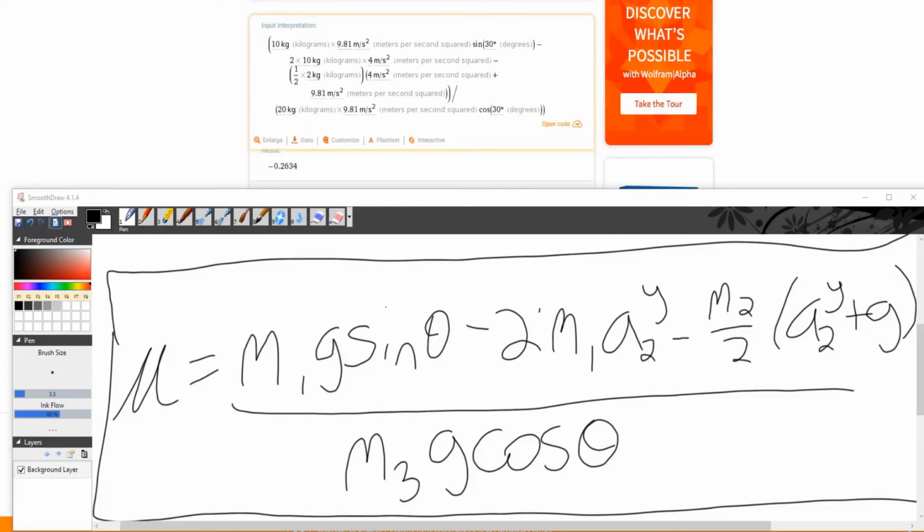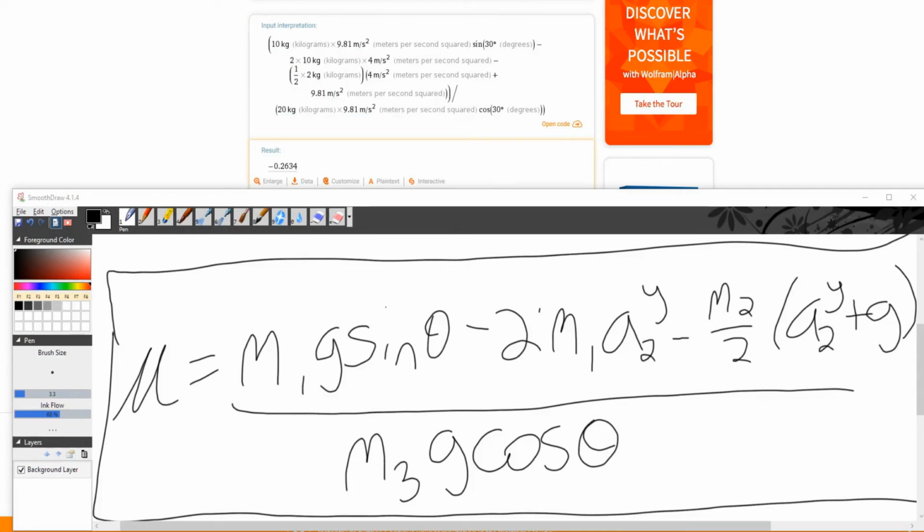So you can see that I have m1 g sine theta, again, minus 2 m1 a2y minus m2 over 2 times a2y plus g, all divided by m3 g cosine theta. And I actually get minus 0.2634.